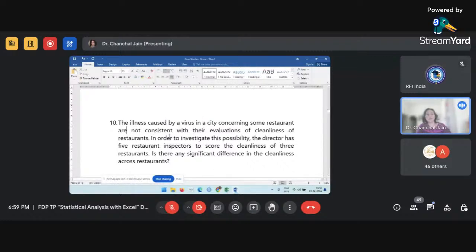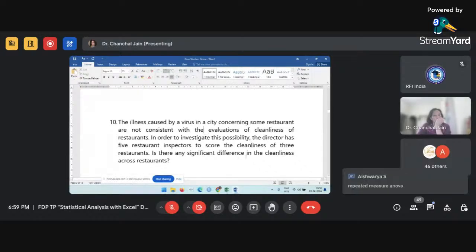I think it should be this. Is it chi-square goodness of fit?